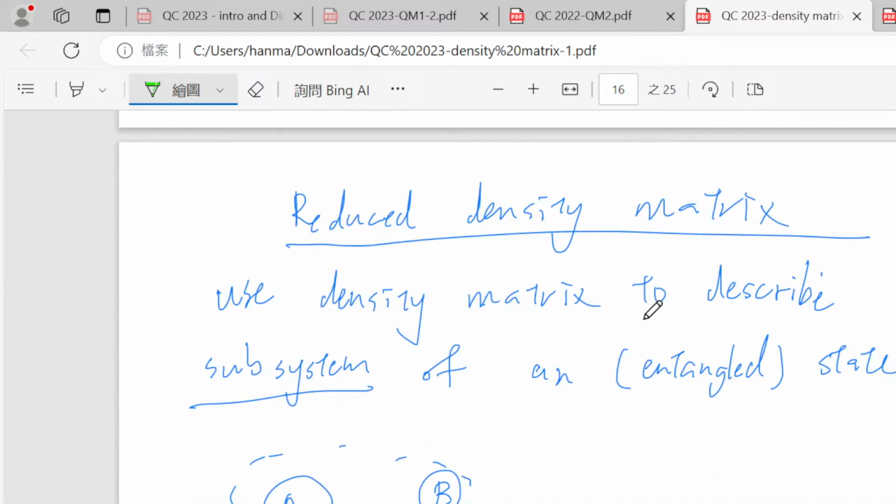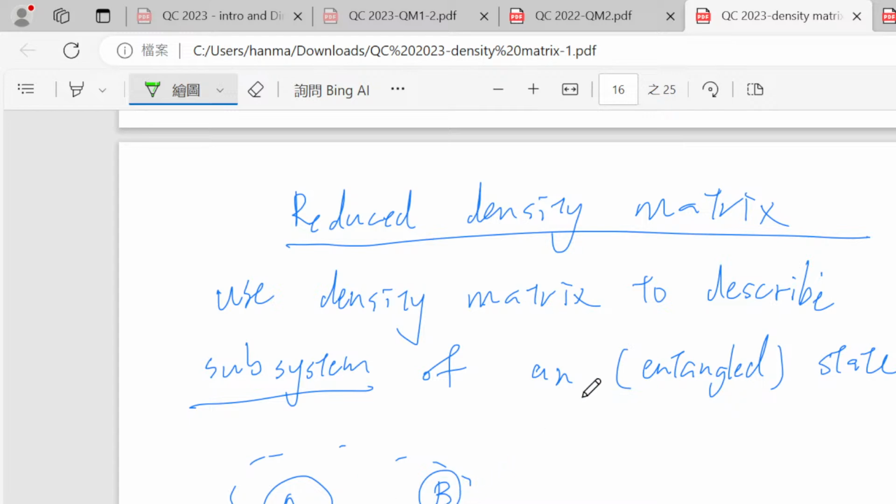Then we talk about some operations related to the density matrix. First is the partial trace, which gives the reduced density matrix. We're thinking about a larger system in some quantum state, with two parts, A part and B part, in some state rho AB.